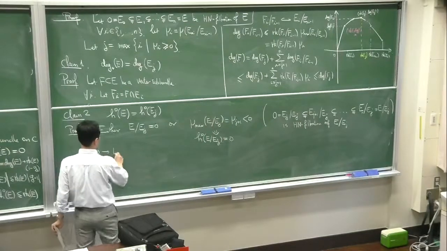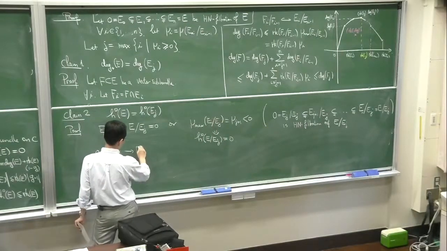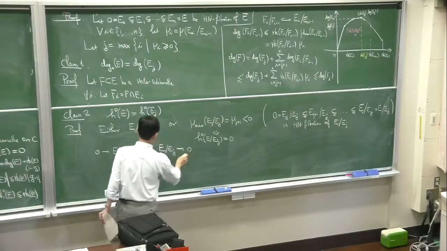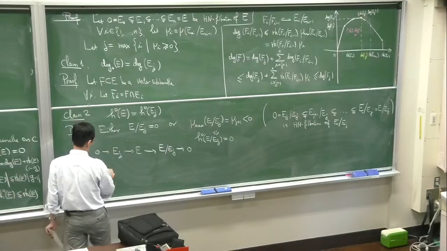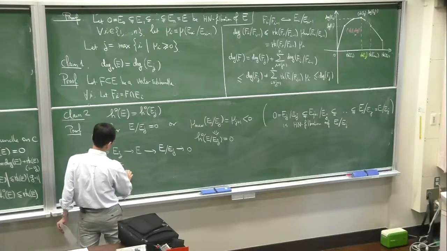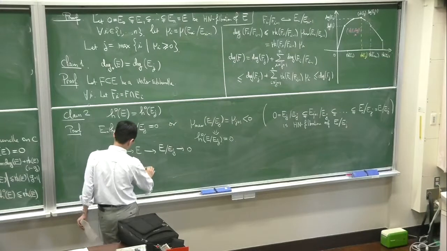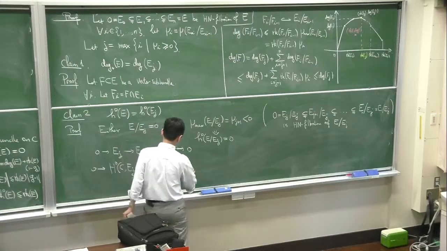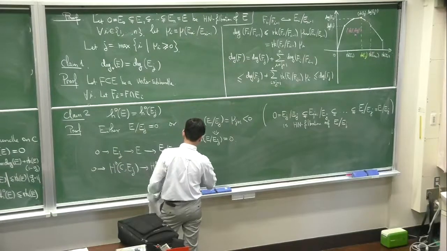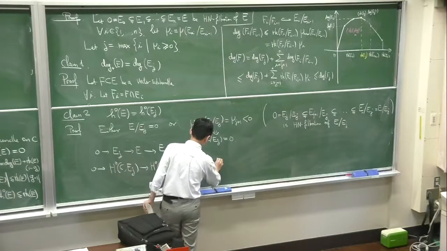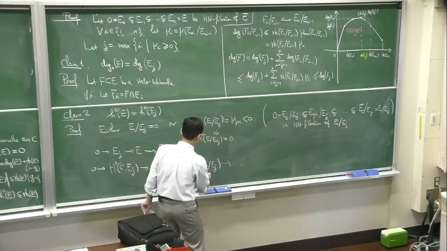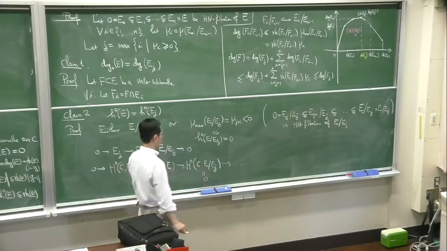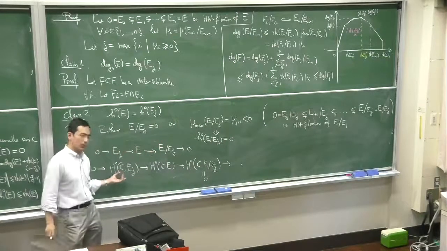Then what you can say, so you have some exact sequence, and therefore you have a long exact sequence of cohomologies. And if this is 0, you do not have non-zero sections here.